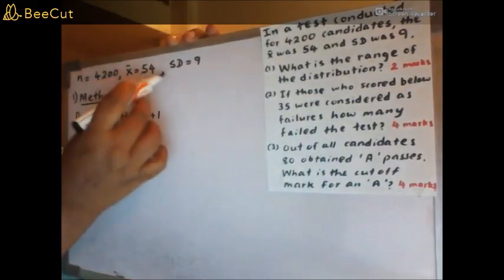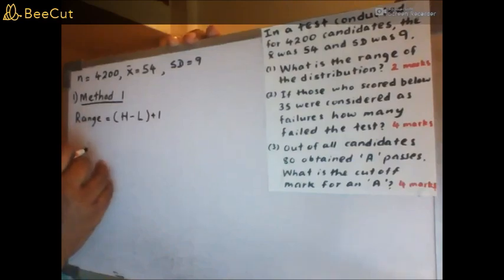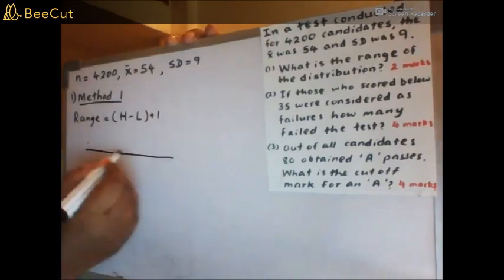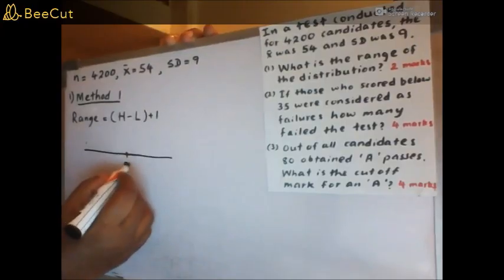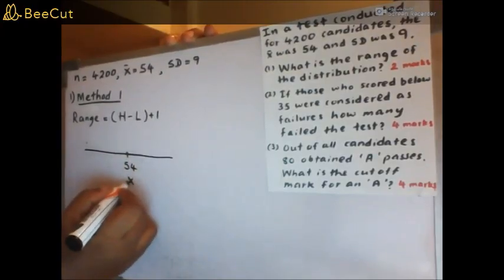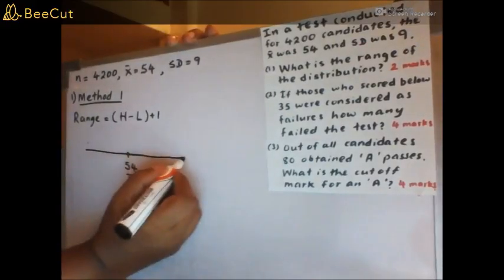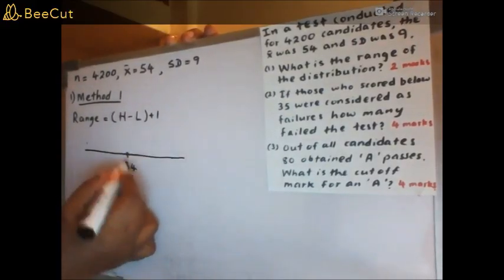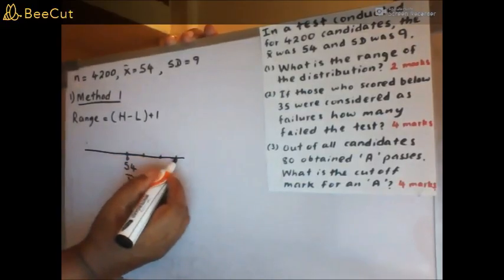We know X bar is this, standard deviation is 9. Now in a distribution, this is our X bar, 54. You know that there are 3 standard deviations above the X bar: 1, 2, 3.